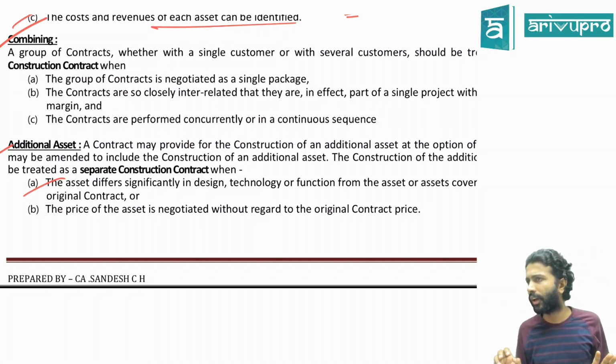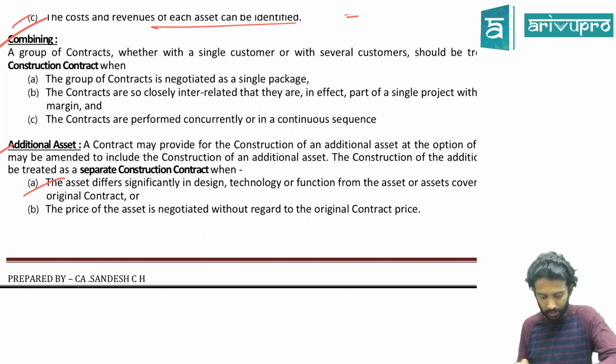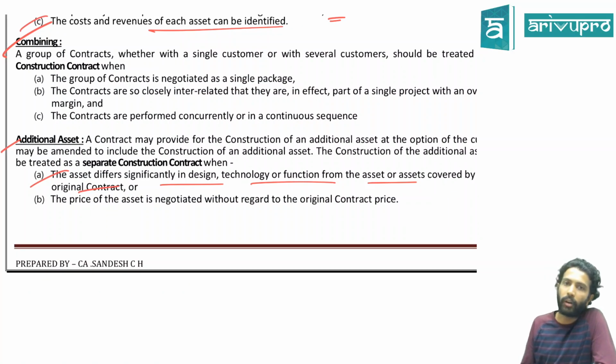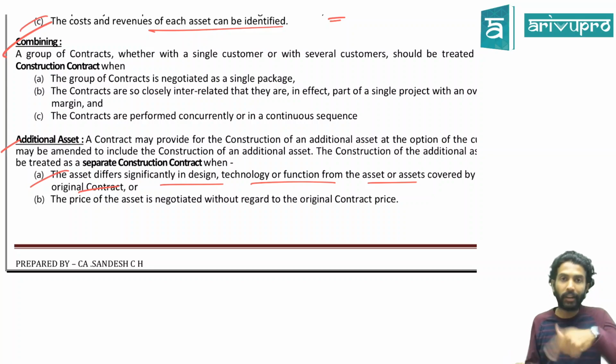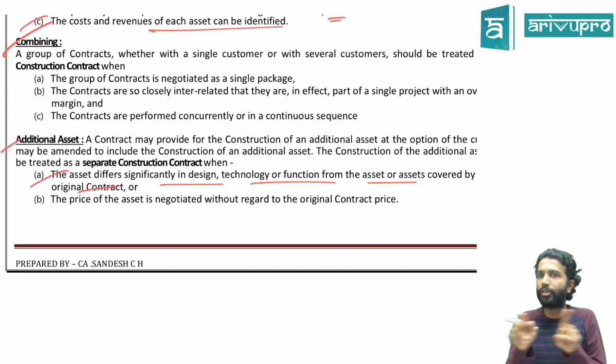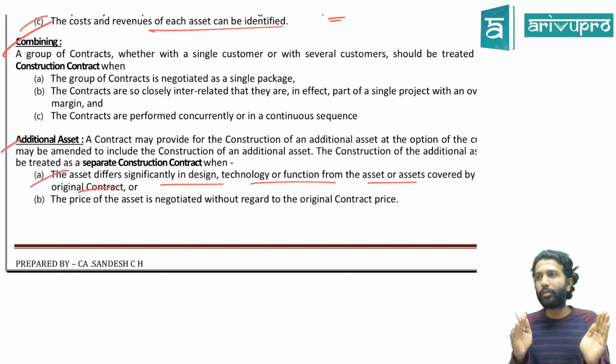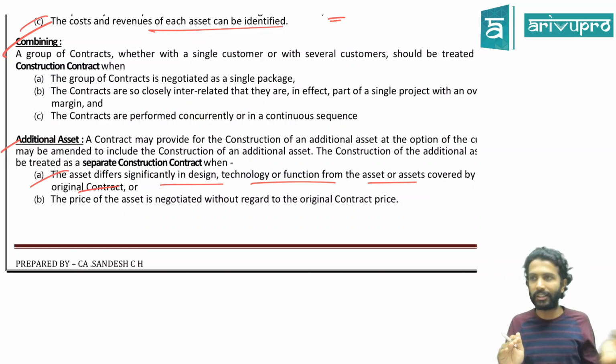Yes, sir. Conclusion is okay, I hope now for you. And that's what they're saying here. Asset differs significantly in design, technology and function from the asset covered under the original contract. The original contract asset and new contract asset are different. They're saying when will you treat it as a separate asset? The new asset should be significantly different from the old asset in terms of technology, design and so on.